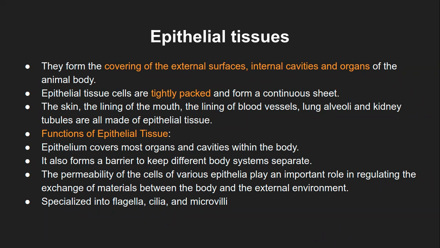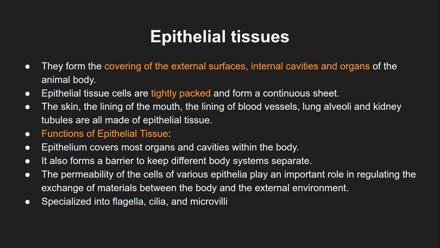So this epithelium has flagella in some of the organs, or it has cilia, or it also has microvilli. Now, flagella and cilia, these are hair-like projections at the epithelial wall. So, let's say, for example, you have a nasal mucosa, right? Inside your nose, in the innermost cavity, you have the epithelial tissue which is lined with the cilia.